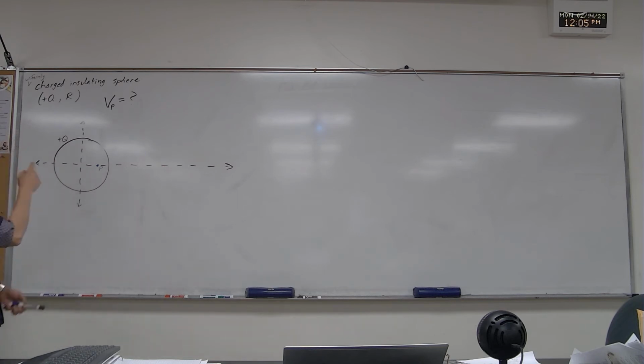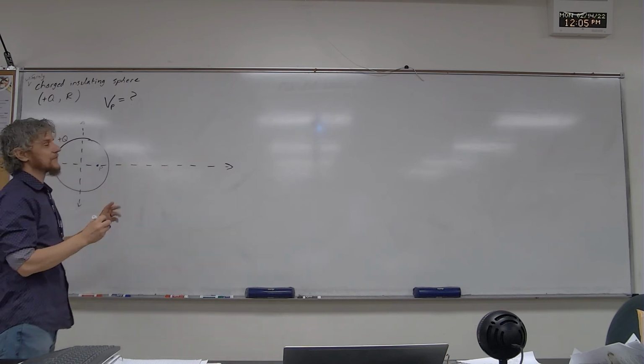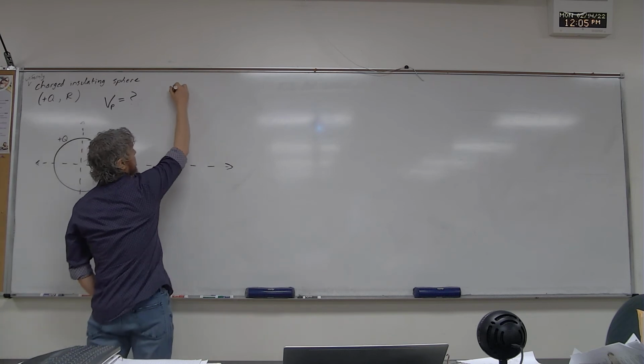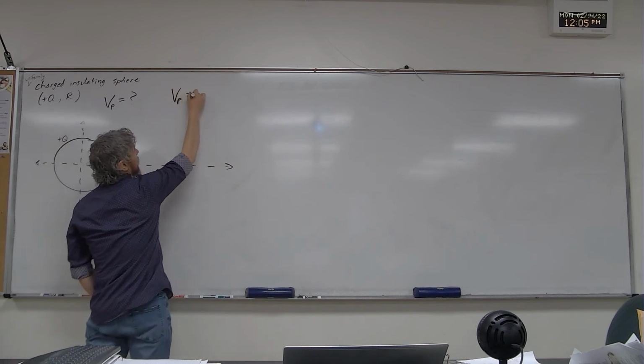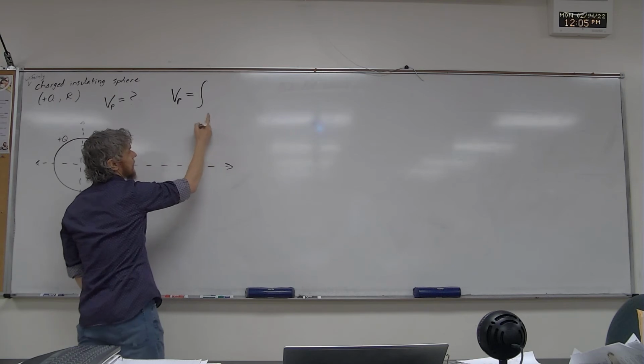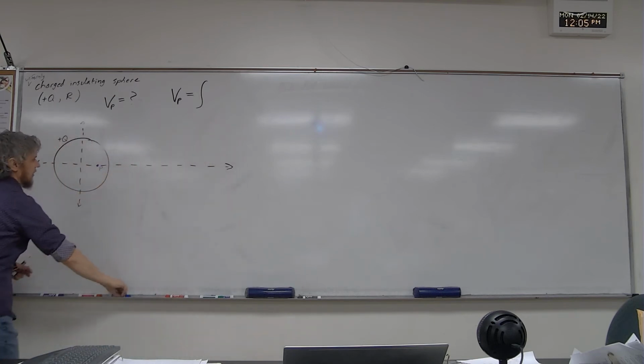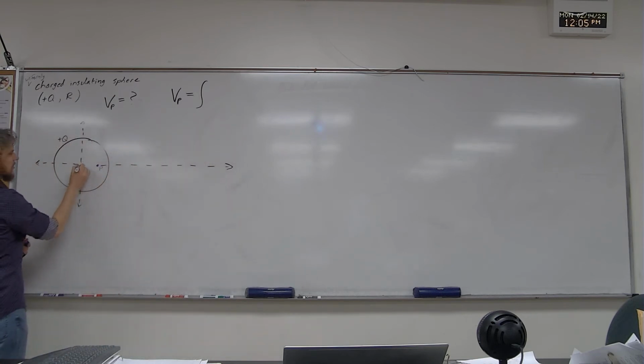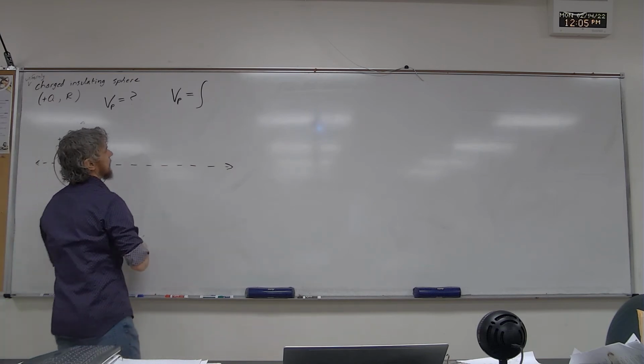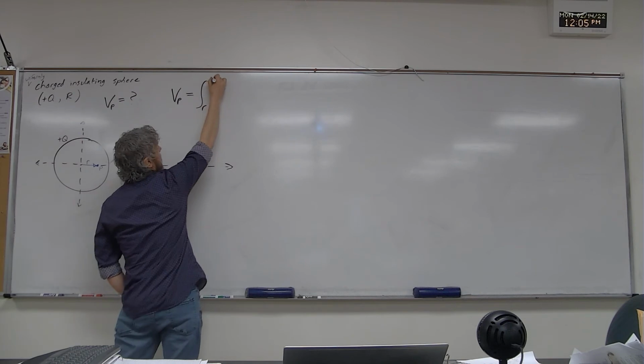All right. So, using that definition of electric potential, the electric potential at a point P will be the integral from where I start, and I'm going to call my starting point position r, from r to infinity, right?